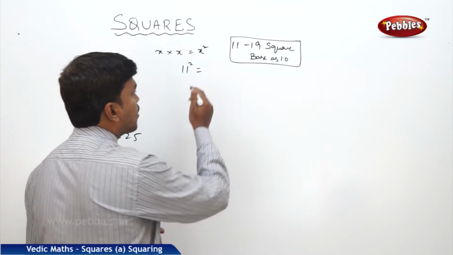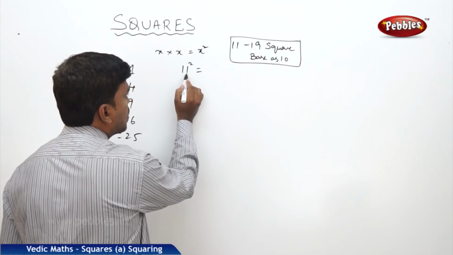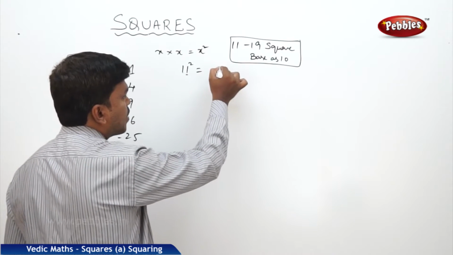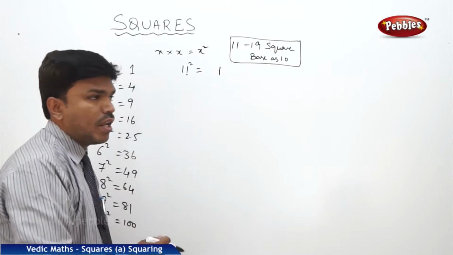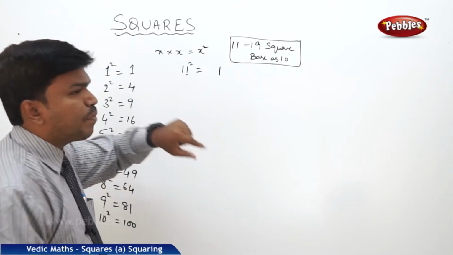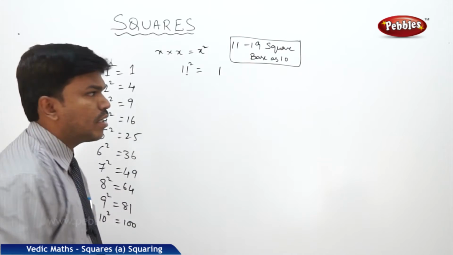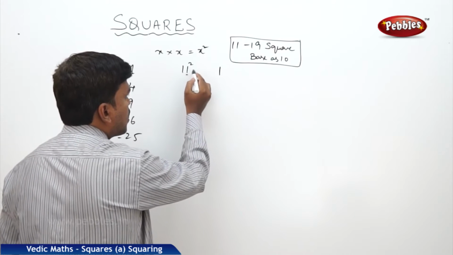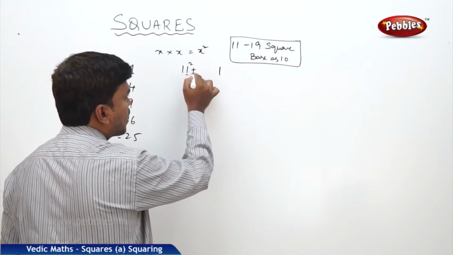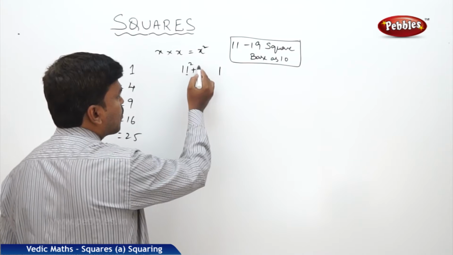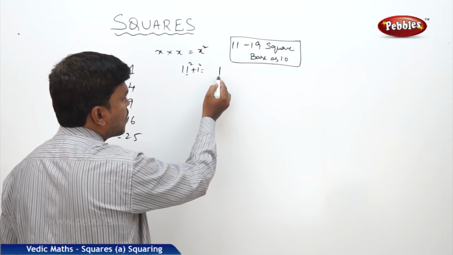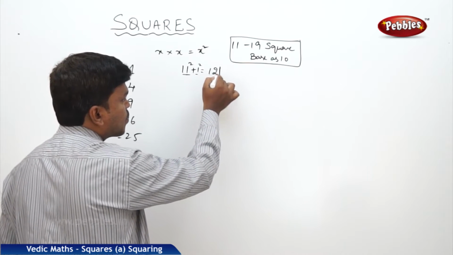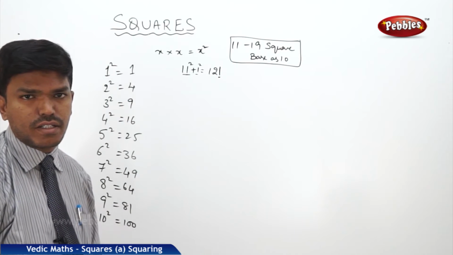So what is 1 square? 1. Now 11 should be added with 1. 11 is 1 more than the 10. What is 11 plus 1? 12. So the answer is 121.